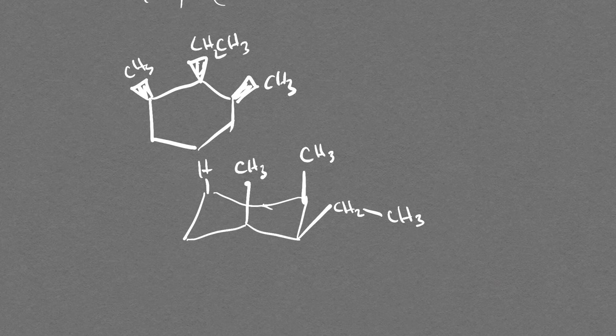Okay, if you look at the hydrogens on the bottom, those are pretty sweet. That's just a bunch of hydrogens. Well, you got a methyl-methyl interaction here, so that's going to cost you. And you've got these 1,3-diaxial strains.